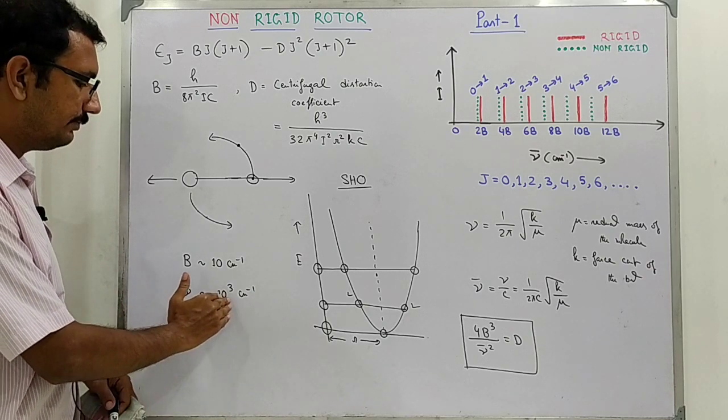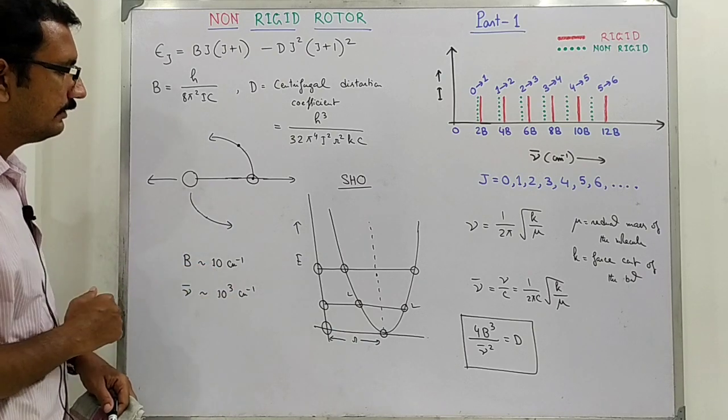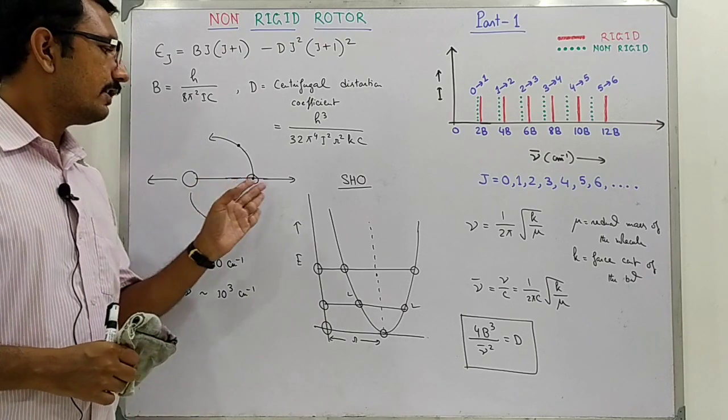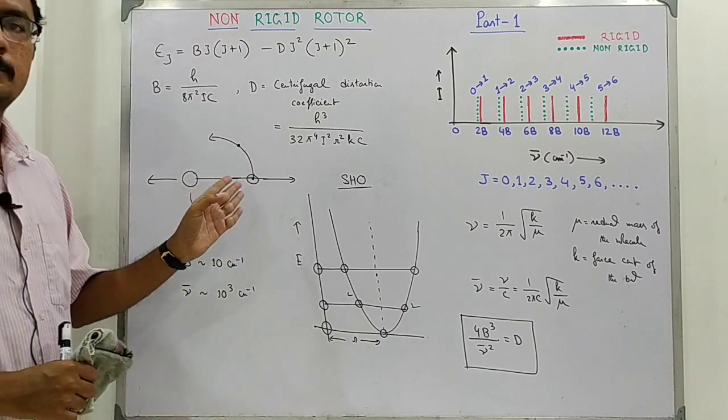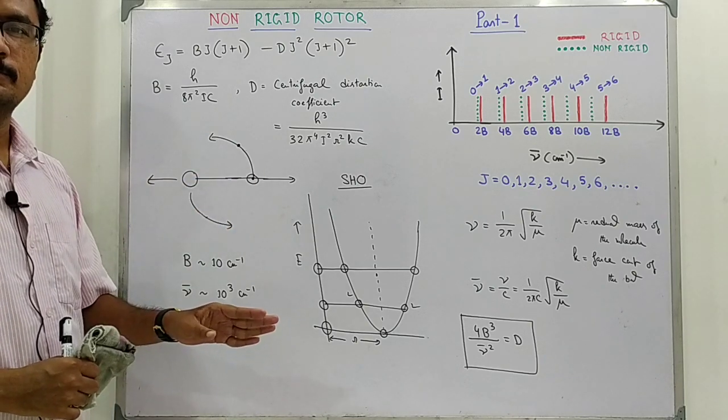It is of the order of 10 to the power 3. So, for 10 it is 10 to the power 3. So, it is indicating that for a single rotation there will be multiple number of vibrations.